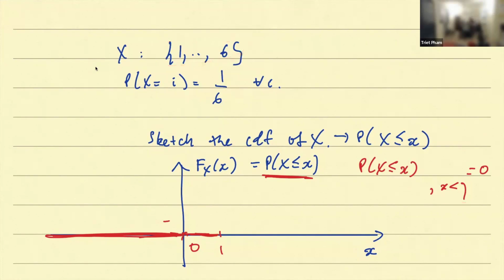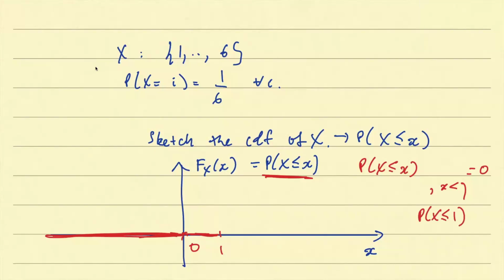Now tell me what happens at 1. What's the probability X less than or equal to 1? You jump to 1/6. Correct. Excellent. So you see, there's a jump, and that's the right word.